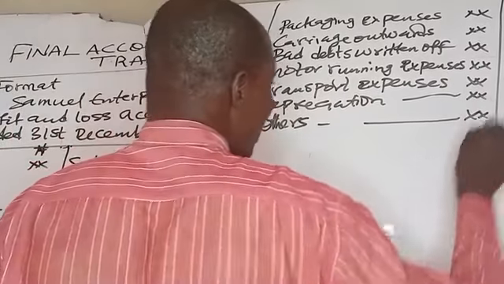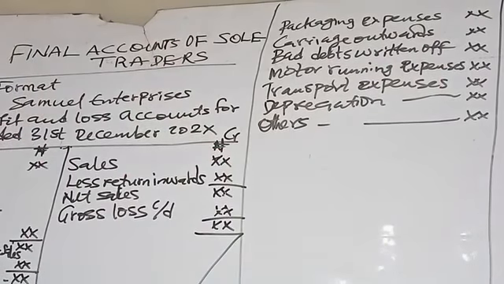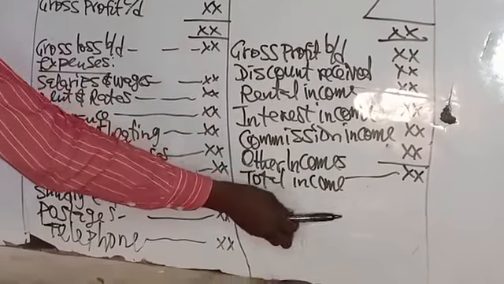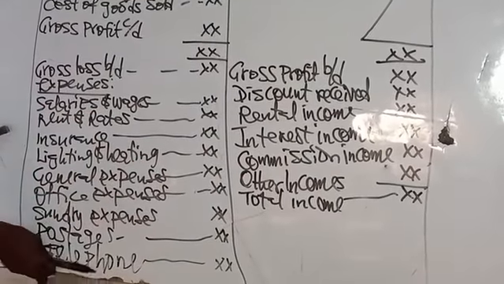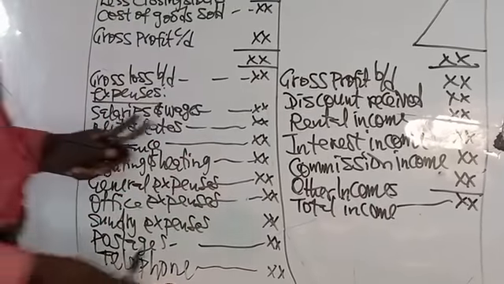Any other expenses? When you add all the expenses, you know the credit side you have your income. You now subtract the expenses from the income. If you subtract it from the income at the credit side, you arrive at the net profit.